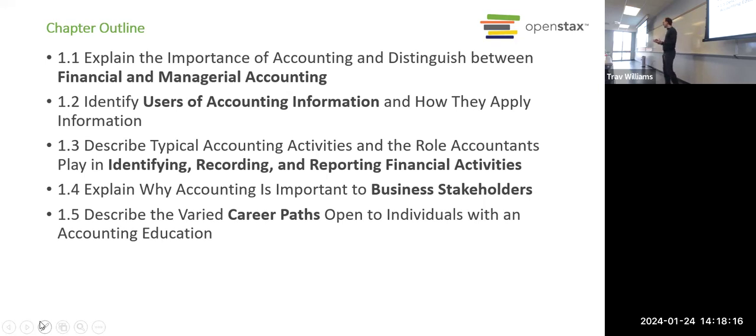Usually it's a pretty automated process, but we need to take that data, make sure it's recorded properly, organized in certain accounts, and then from that you can make your financial statements. That's what we'll be learning about. We know what stakeholders are, and we looked at different career paths.